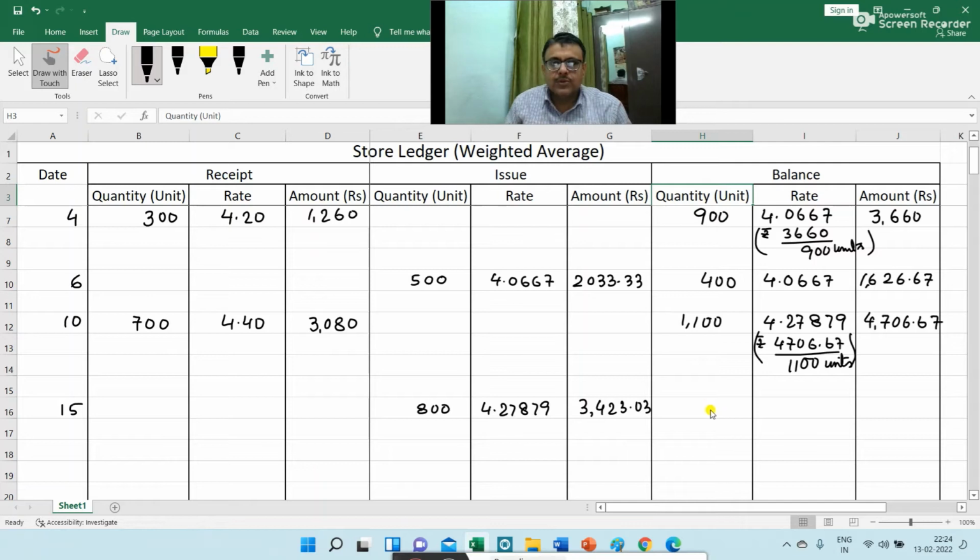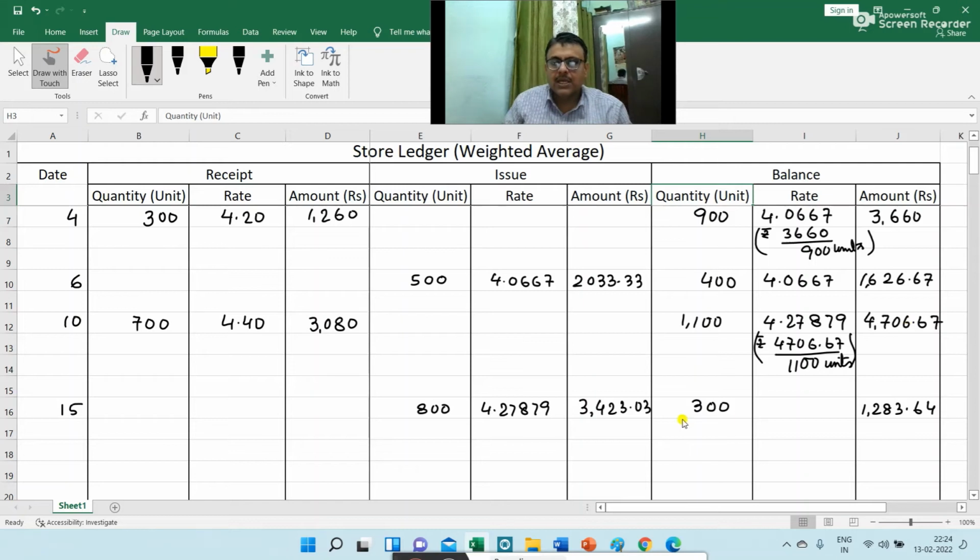Now you need to find out the closing stock of January 15. 1,100 was the closing stock unit of January 10. Now you simply deduct 800 units from 1,100. You will get 300 units. And the value of this closing stock will be 1,283.64.